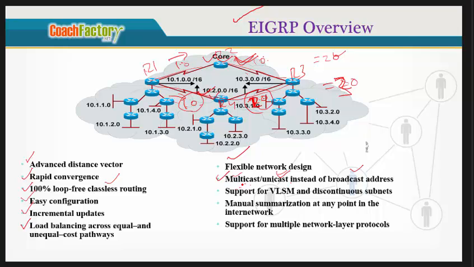By default, the EIGRP router, when it wants to send an update to its neighbor, will use multicast. When it sends the update to each and every neighbor, all the neighbors who receive this update have to reply to it. They have to acknowledge it using an acknowledgement packet. If the router does not receive an acknowledgement from a particular neighbor, then it is going to do what?